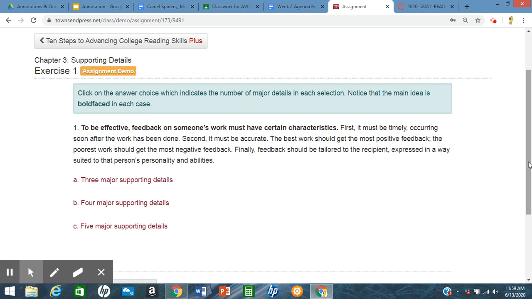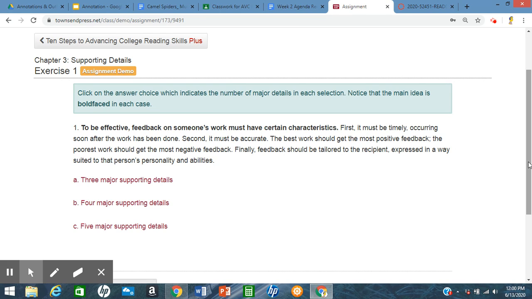So like first, second, also, third, finally. Those are major supporting details indicators. Now, the statistics or facts or percentages that follow those major supporting details, those are called minor details. So that's the difference. And if you look in your textbook and use that, that is what will help you.